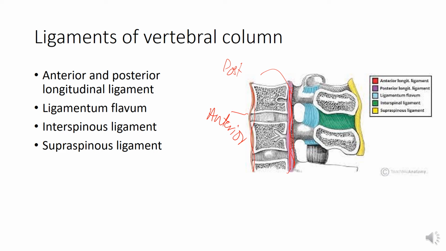So this is the posterior longitudinal ligament. Then the ligamentum flavum, which connects the laminae of the adjacent vertebrae. This is the ligamentum flavum.